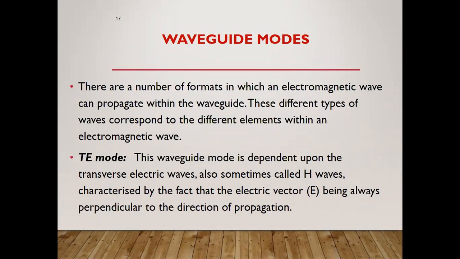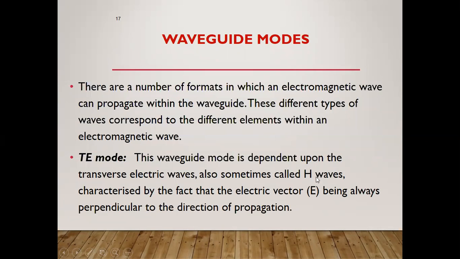Number one is the TE mode. TE mode denotes transverse electric waves. In short, T is the transverse and E is the electric. So transverse electric field, or transverse electric modes, or transverse electric waves. This is also known as the H wave.